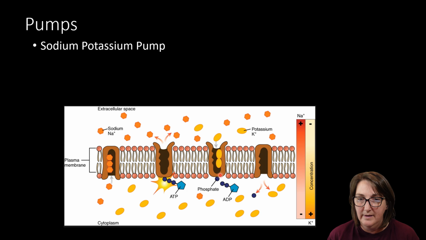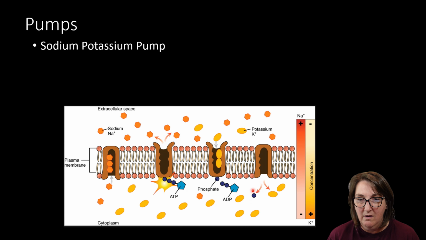When it's open, see that phosphate's still there. When it's open, these potassium cations are going to come in. And then when they come in, this phosphate's going to leave. And when it leaves, now I no longer have that phosphate there. I'm going to have another conformational change. This part here is going to close up, and this part here is going to open back up.